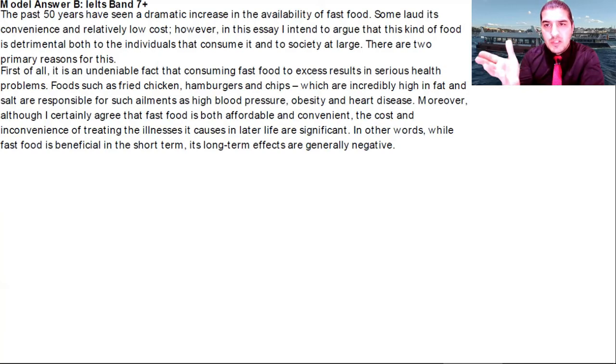In British, they call French fries chips, which are incredibly high in fat and salt, are responsible for such ailments as high blood pressure, obesity, and heart disease. Moreover, although I certainly agree that fast food is both affordable and convenient, the cost and inconvenience of treating the illness it causes in later life are significant. In other words, while fast food is beneficial in the short term, its long-term effects are generally negative.